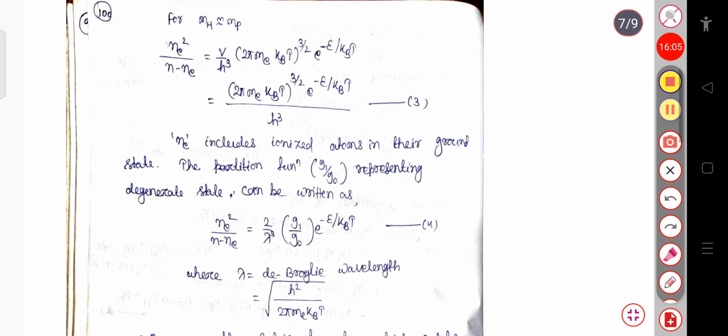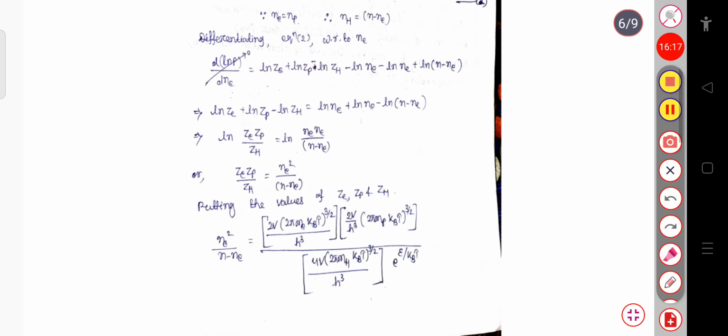Since here mh equals mp, we can substitute that. So that will be V by h cube into 2 pi m kT power 3 by 2 into exponential minus e by kT. Here you can see that since mp equals mh, you can cancel 2V by h cube, here the 2 will remain, this 2 gets cancelled.